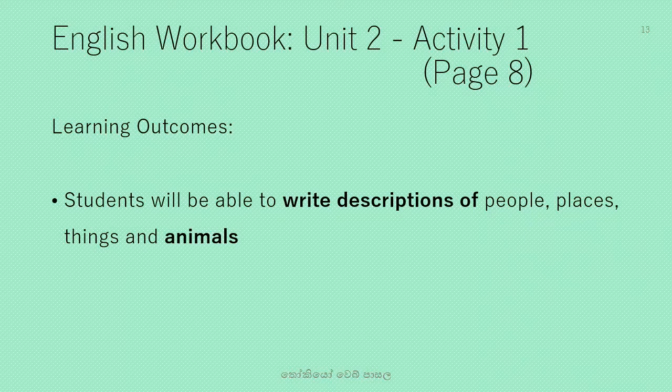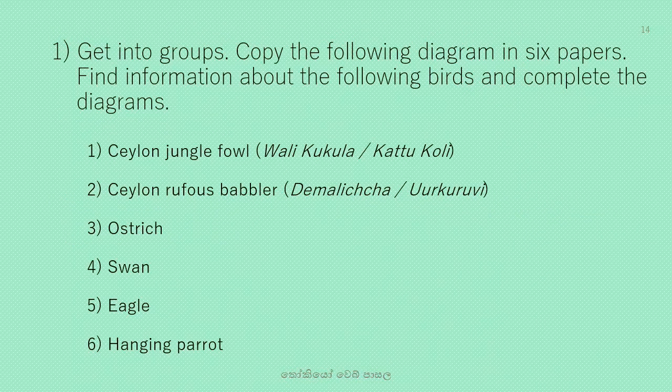In this particular activity, what we are going to write is information or descriptions related to animals and specifically birds. Okay, so let's look at what we need to do in this activity.